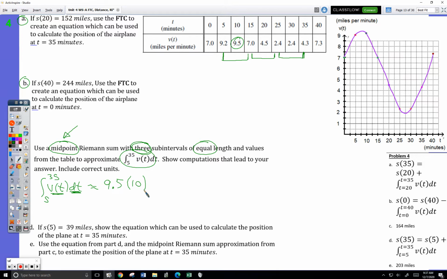Gotcha. So Cameron's question is, why do we have a left, right, midpoint? It's a little beyond the scope of this class, but it's not too big of a step. In a real life situation, you may want to use left, right, or midpoint depending on what the graph looks like that you're integrating.